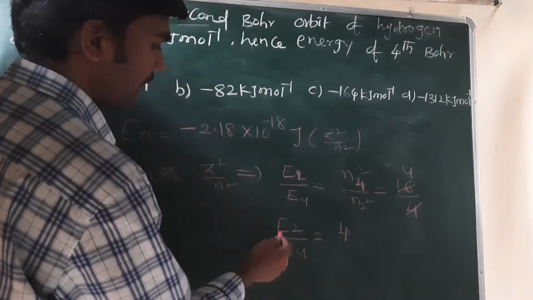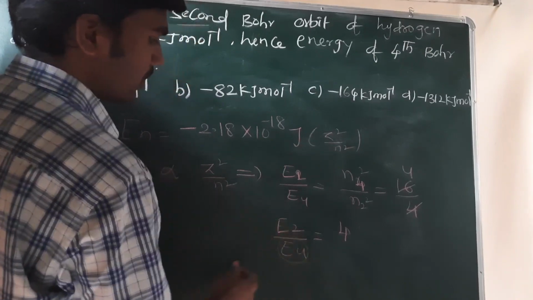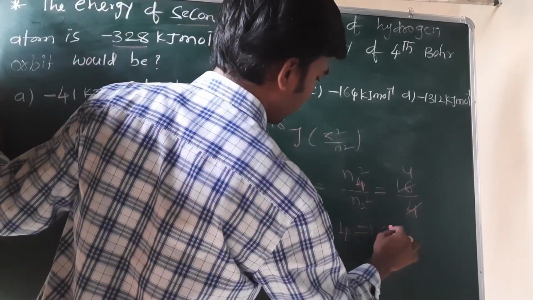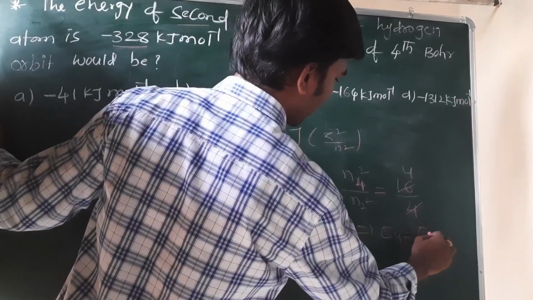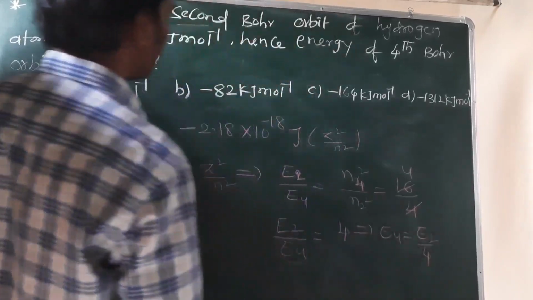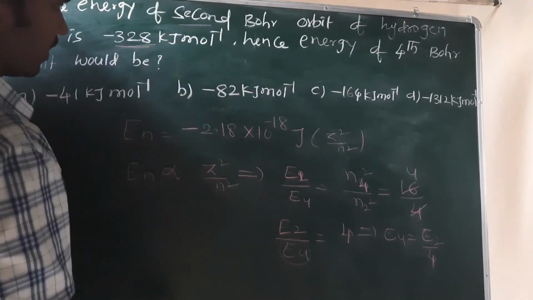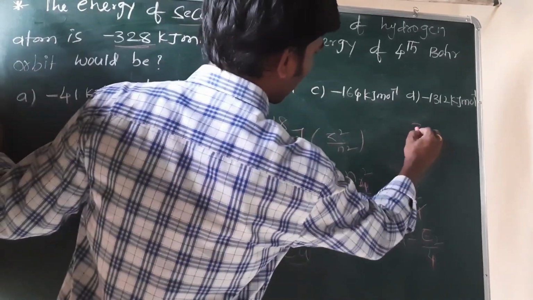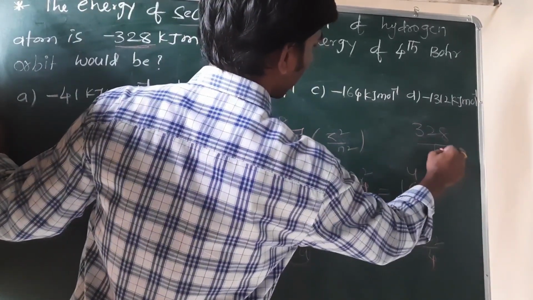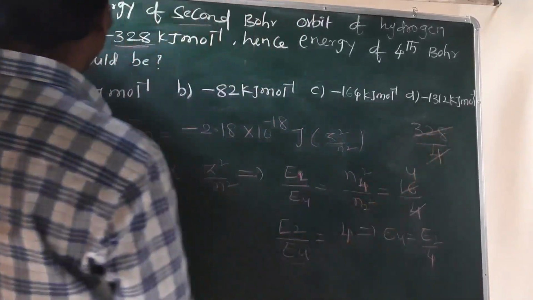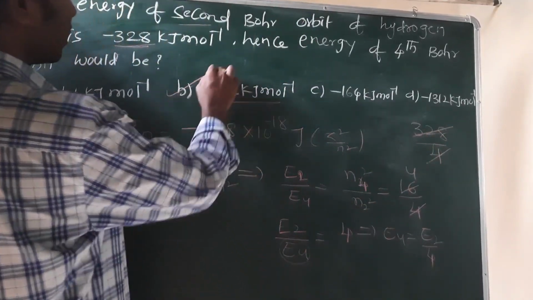We want the E4 energy value, so simply E4 is equal to E2 by 4. What E2 value have they given? 328 they gave. So 328 divided by 4, how much will you get? So the answer is B.